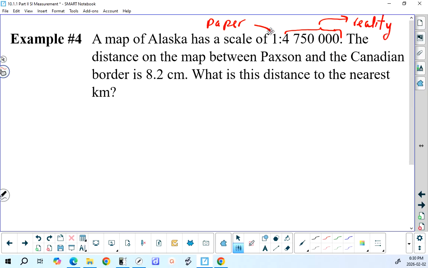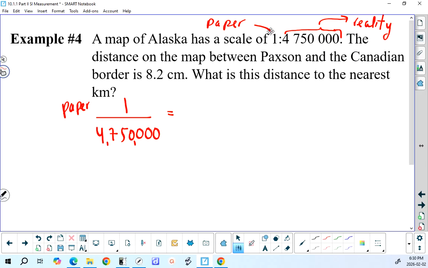And I still think the best thing to do is to use a ratio. We can say 1 over 4,750,000, and don't forget, this is paper. This is what it represents on paper. The top number is what it is on paper.